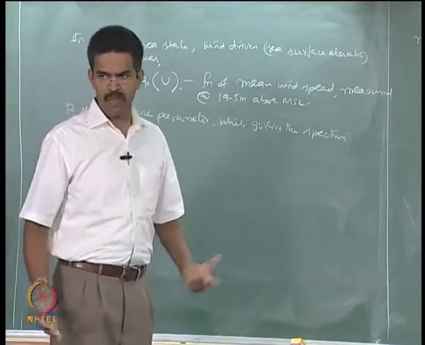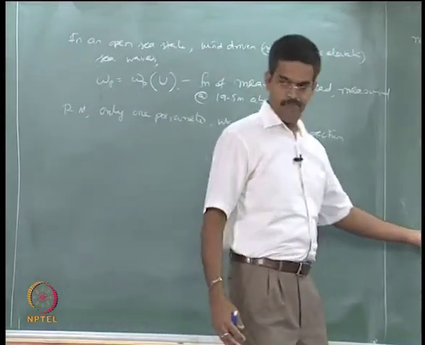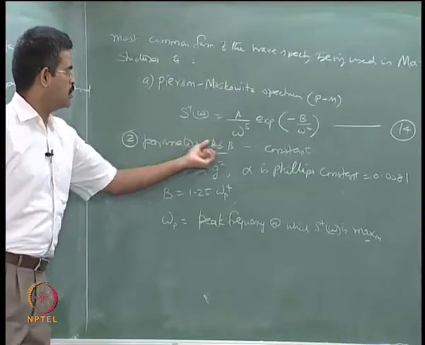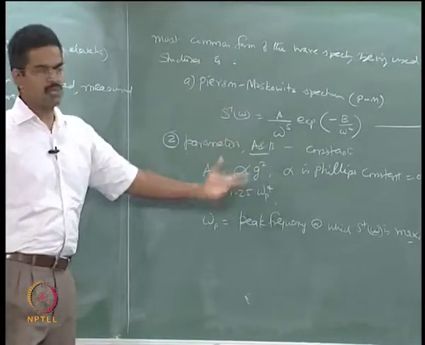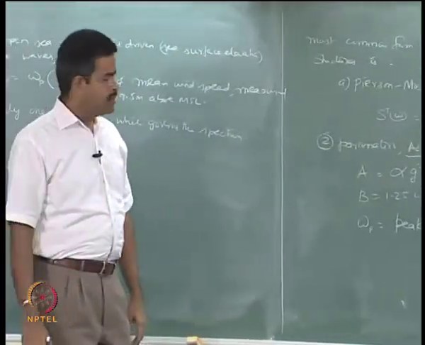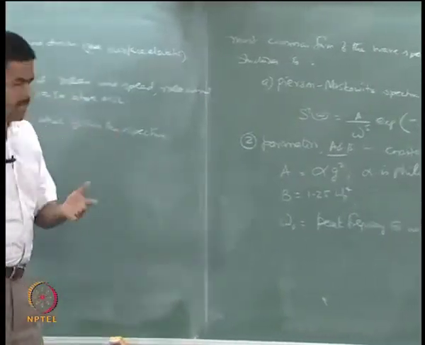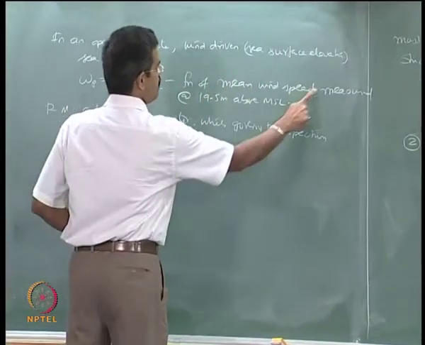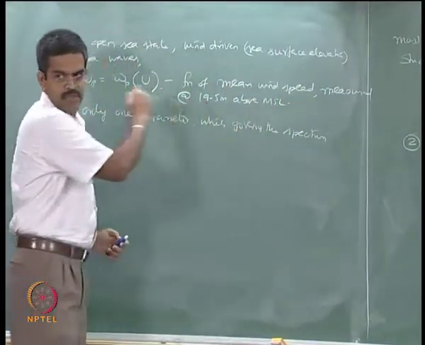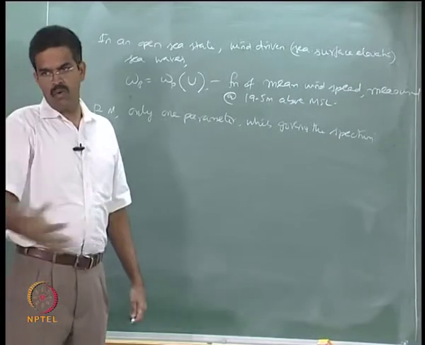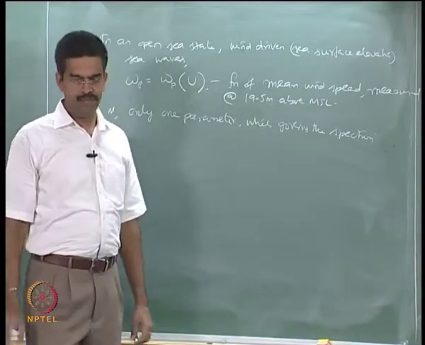The parameter which is governing the spectrum is omega p, because that is the only value which is controlling B. A is of course a constant. So omega p on the other hand is based on the mean wind speed at a specific elevation. So this is controlling the whole generation of the spectrum.